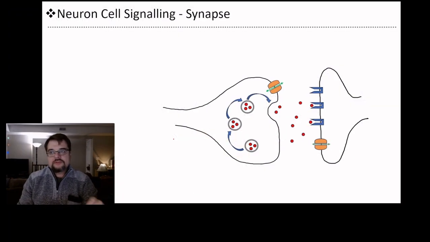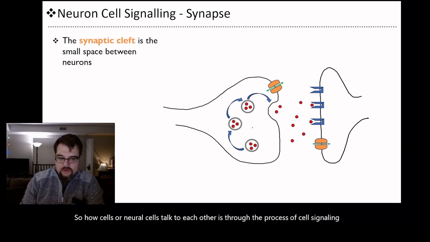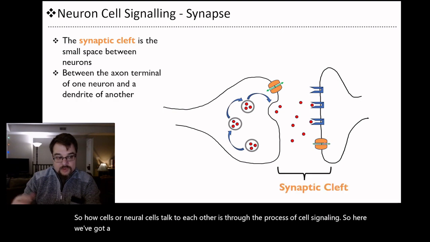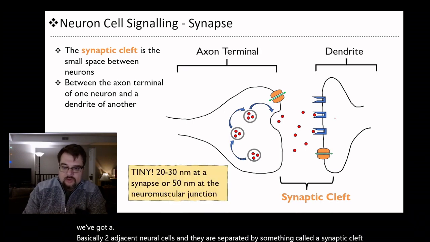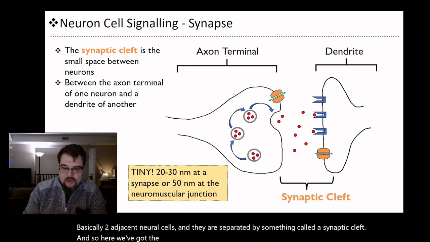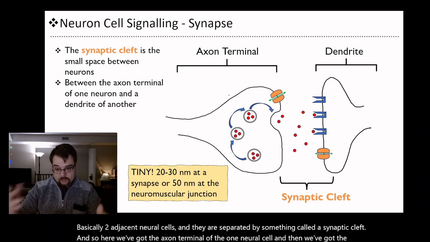How neural cells talk to each other is through the process of cell signaling. Here we've got two adjacent neural cells, and they are separated by something called a synaptic cleft. Here we've got the axon terminal of the one neural cell, and the dendrite of the other neural cell.